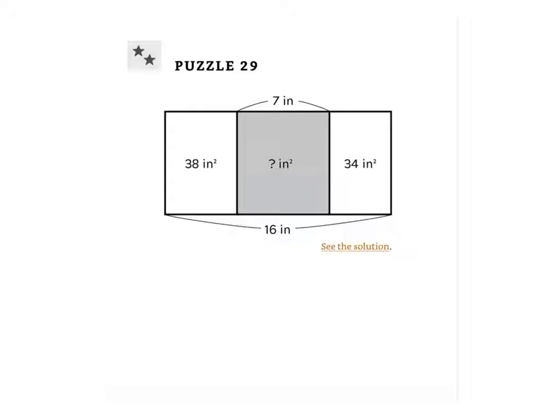And so let's see if we can get the height of it. To get the height, we'd say, well, what's the area? So the area equals 38 plus 34 equals 30 plus 30 is 60, 8 plus 4 is 12, equals 60 and 12, 72. So we said, well, wait a minute.